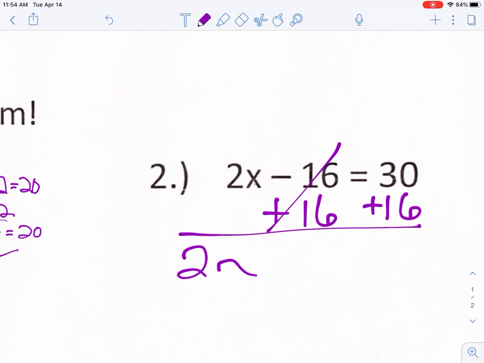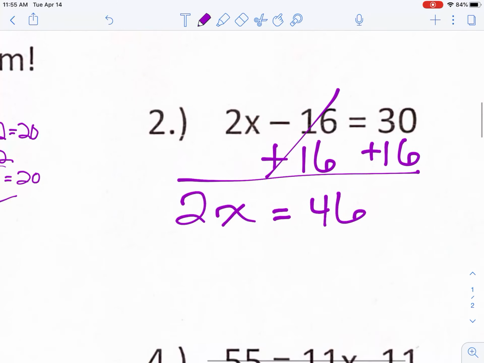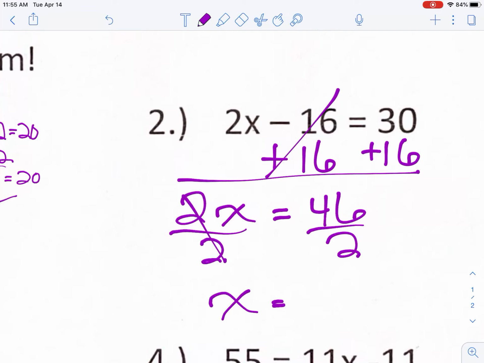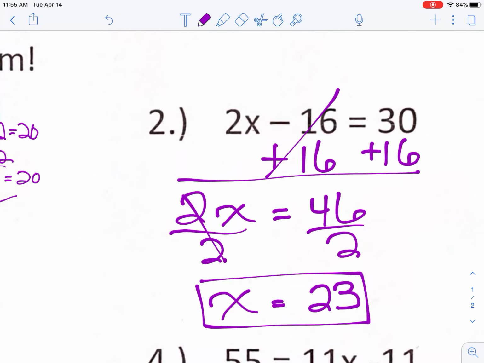So a negative 16 plus 16 would be 0, leaving me with 2x equals, we're going to add on the right to get 46. And it says 2 times something is 46. The inverse of multiplying by 2 is dividing by 2. 2 divided by 2 is 1x. 46 divided by 2 is 23.